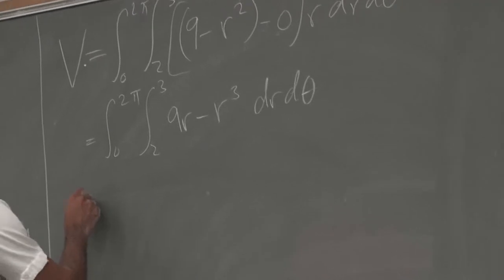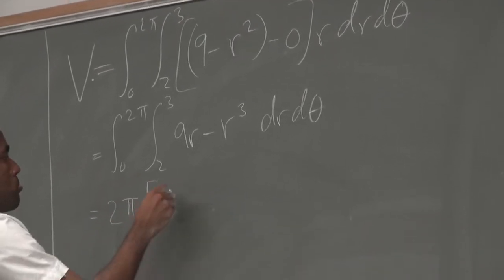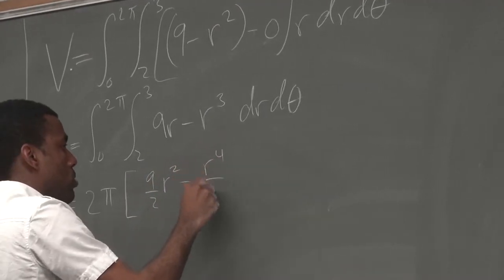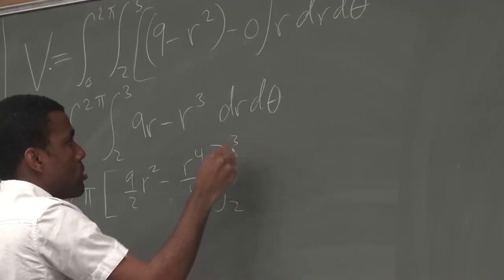You're right. So we've actually done this before, so it's just going to be 2 pi times 9 over 2 r squared minus r to the 4 over 4, from 0 to 3.